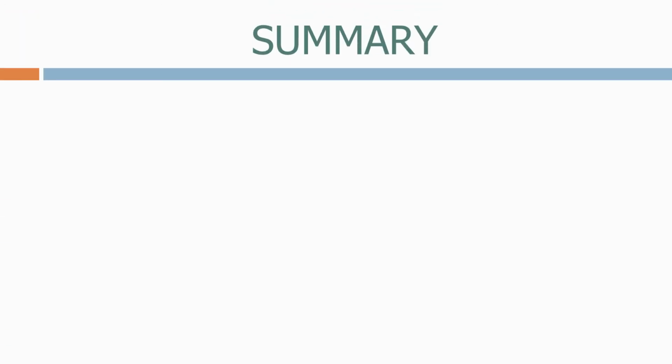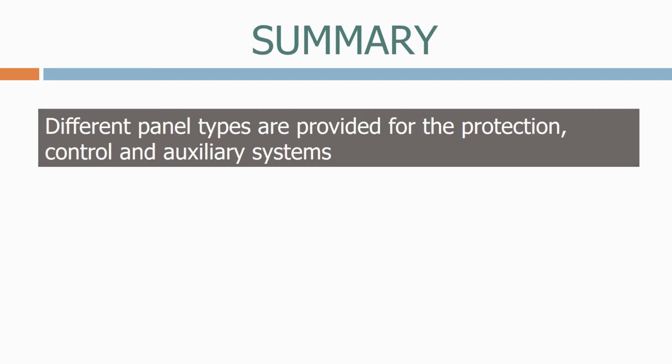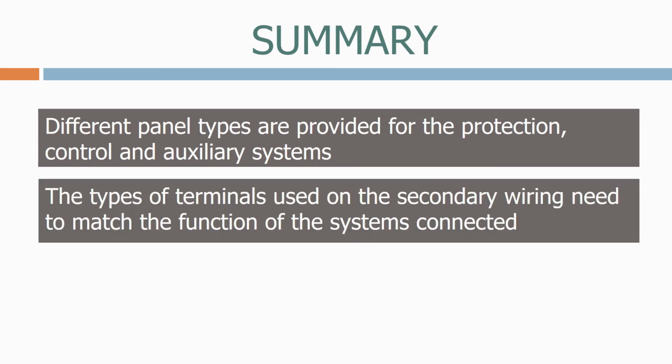Let's summarize what we've learned today. Different panel types are provided for the protection, control, and auxiliary systems. The types of terminals used on the secondary wiring need to match the function of the systems connected.